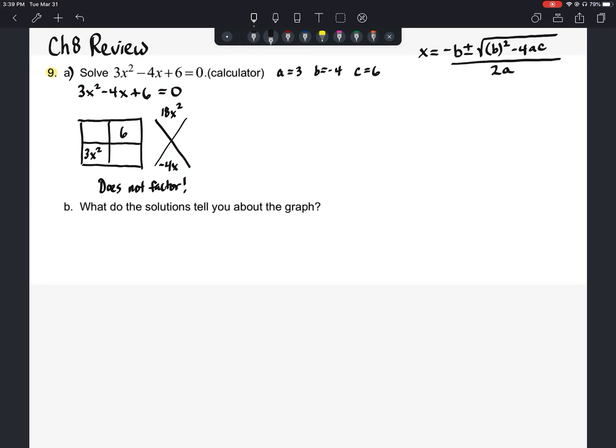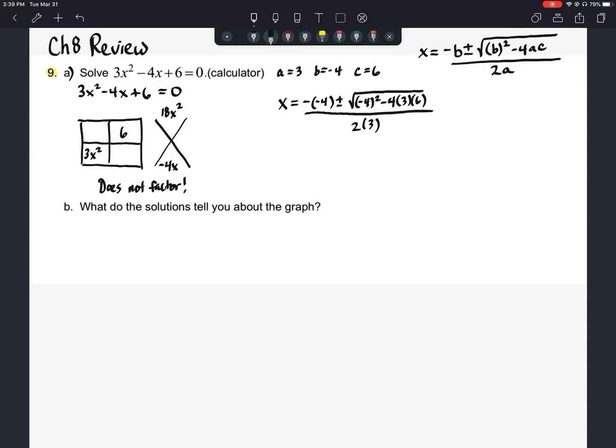So we'll set it up. x is going to equal the opposite of negative 4 plus or minus the square root of negative 4 squared minus 4 times 3 times 6, all over 2 times 3.